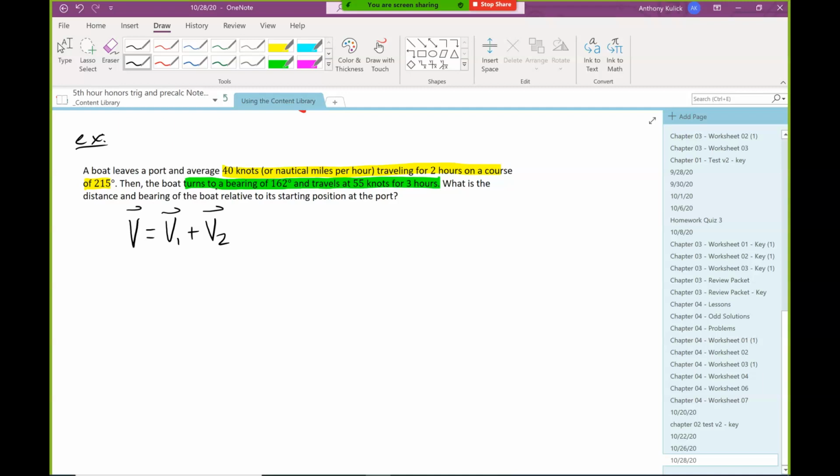So for vector v1, the first thing I'm going to do is take its direction that we were given and convert it into an angle of rotation. So we have 215 degrees, so 90, 90, and then 35 more.